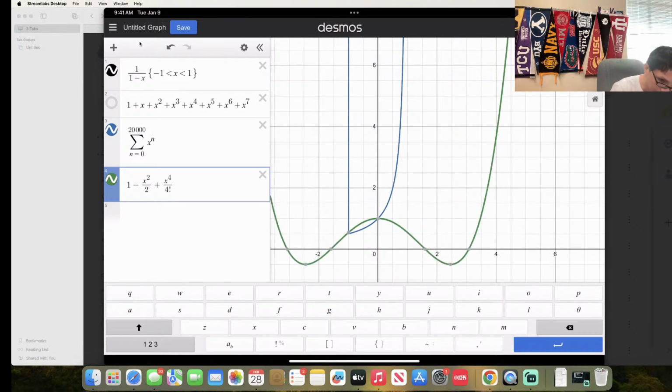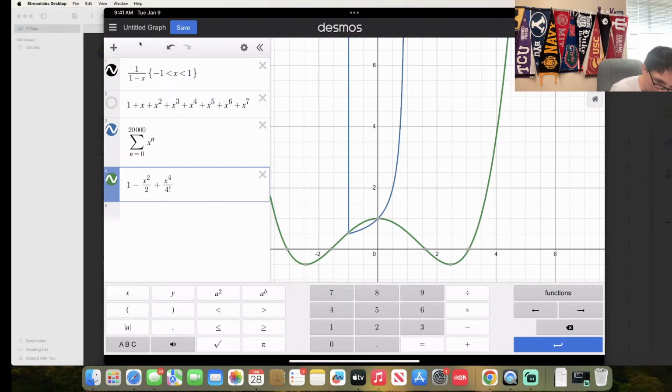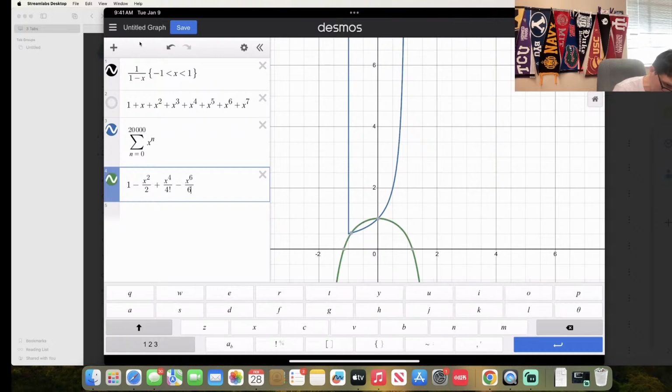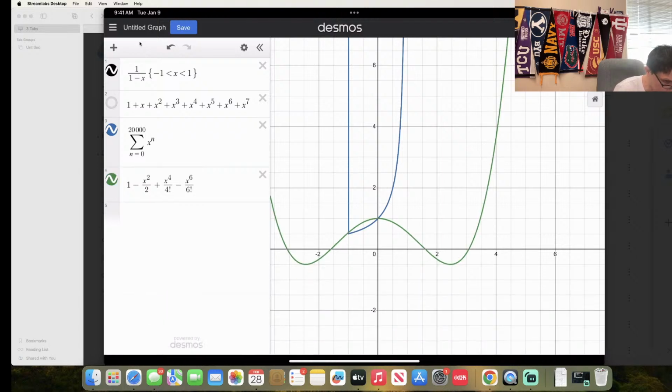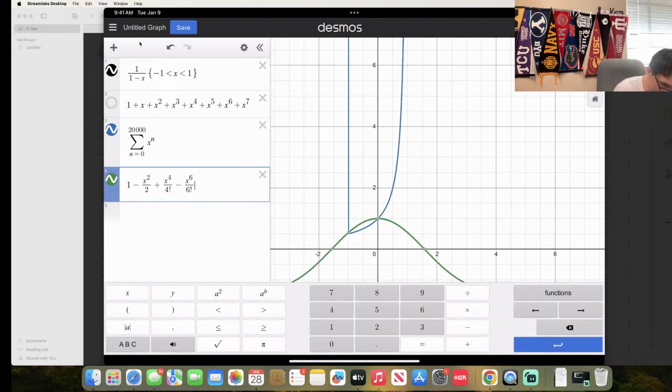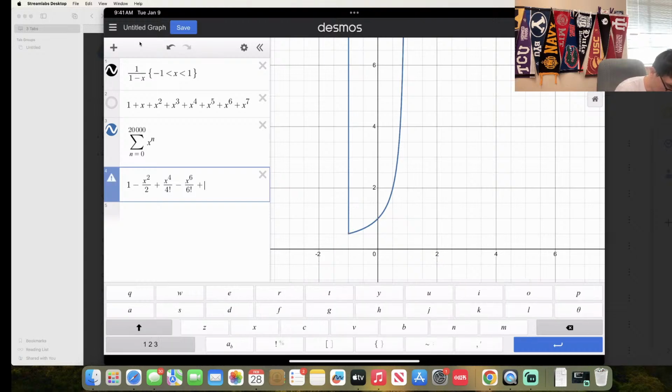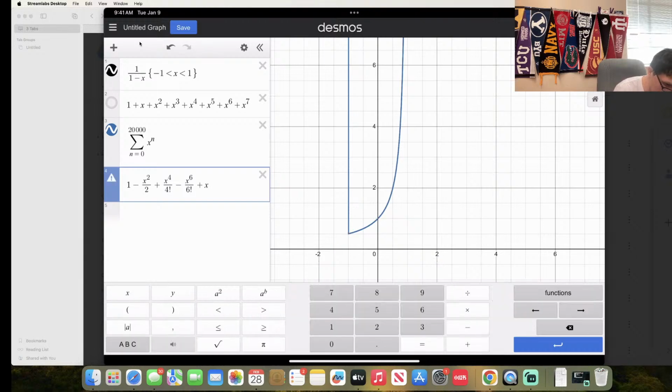I don't remember what that expression is, but I know that minus x to the 6 over 6 factorial. Plus x to the 8 over 8 factorial. Even, so it's cosine.